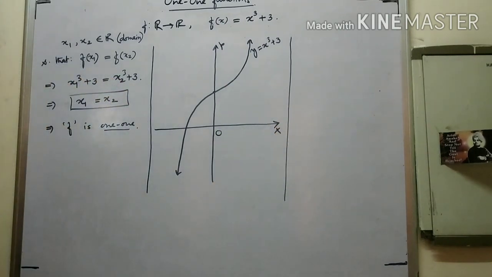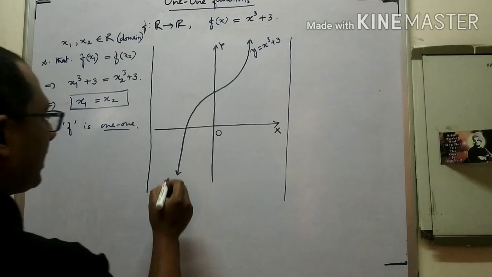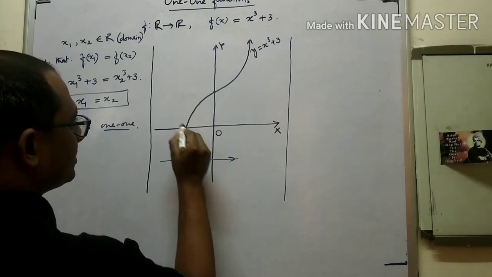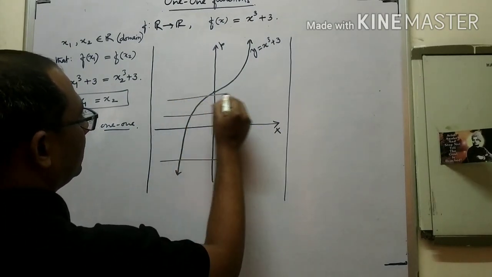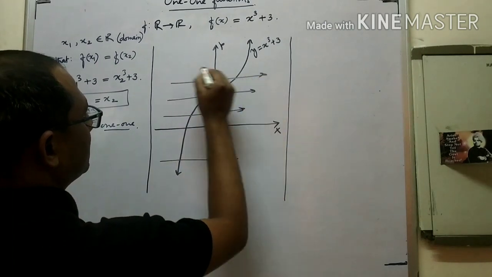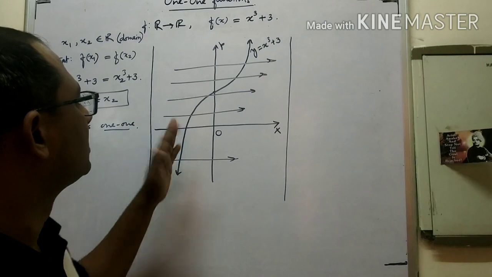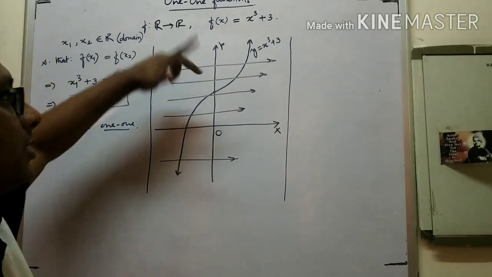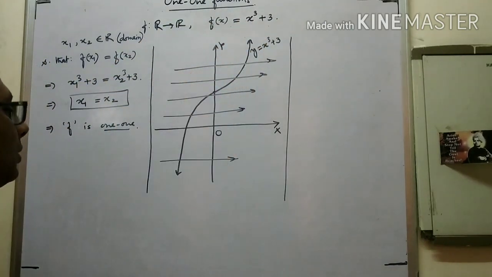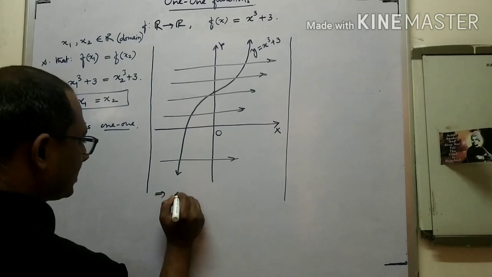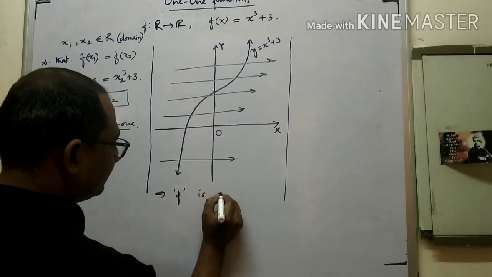Again, we check whether any line parallel to the x-axis cuts this graph in more than one point. No chance, right? So immediately f is 1-1.